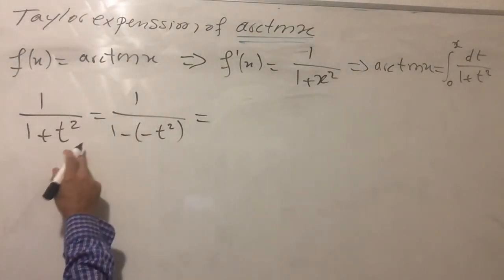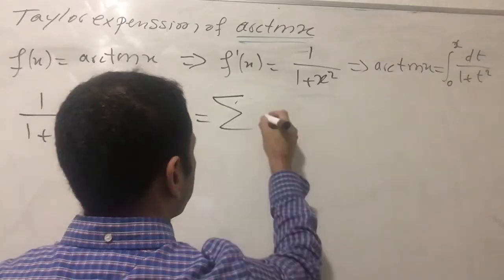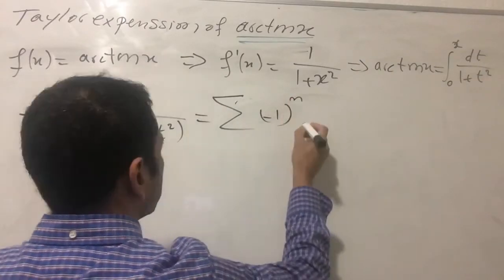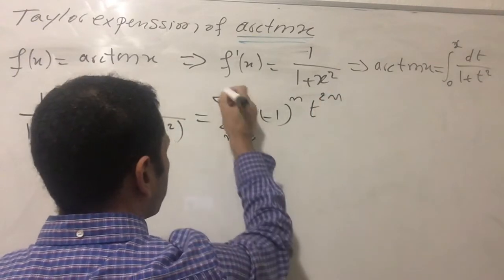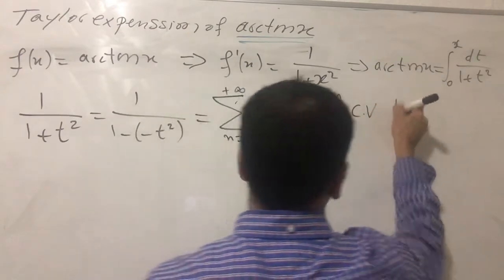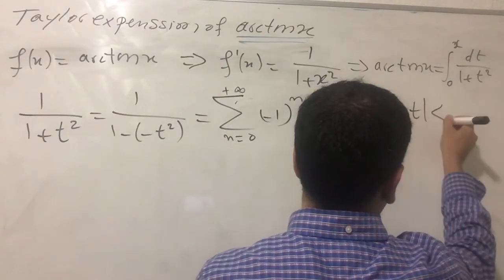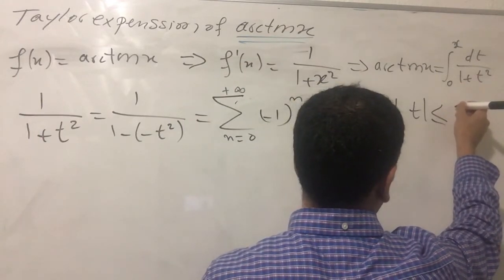So 1 over 1 plus t squared is given as 1 over 1 minus, minus 1 to the n t to the n, as n goes from 0 to plus infinity, as a convergent series, because the absolute value of t must be strictly less than 1.